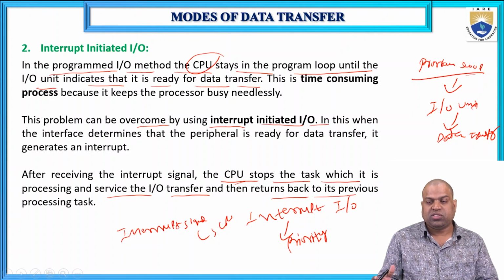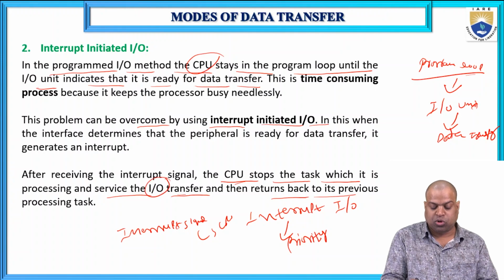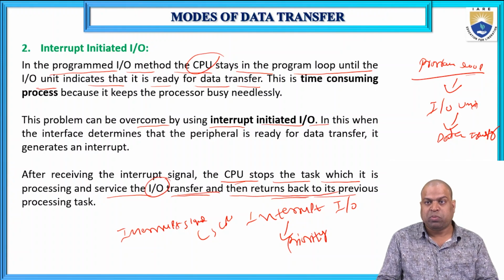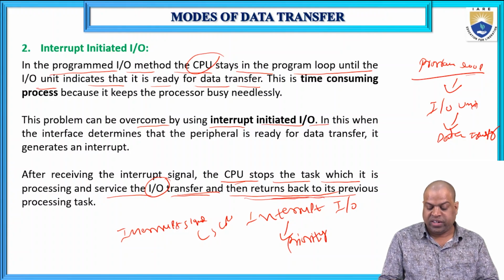So interrupt means multitasking is there. When the interrupt stops the CPU from what is going on in the program, it processes the service of the input output transfer, and then returns back to its previous processing task.